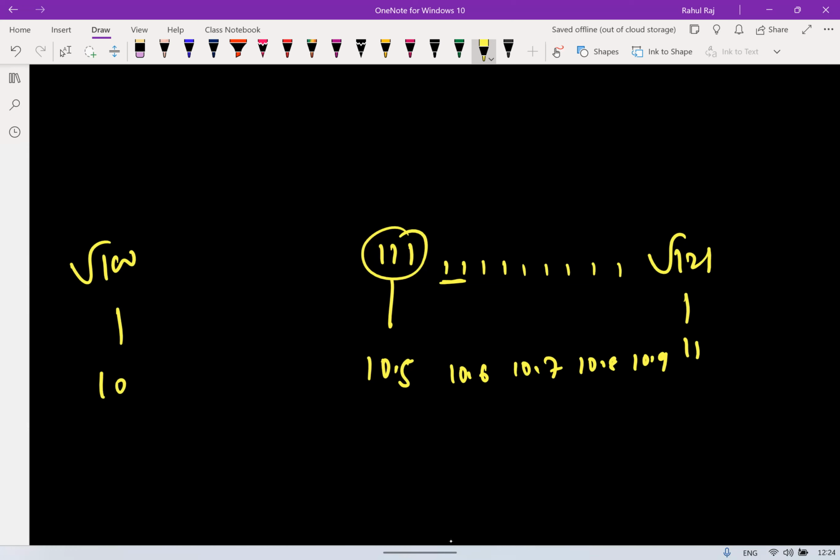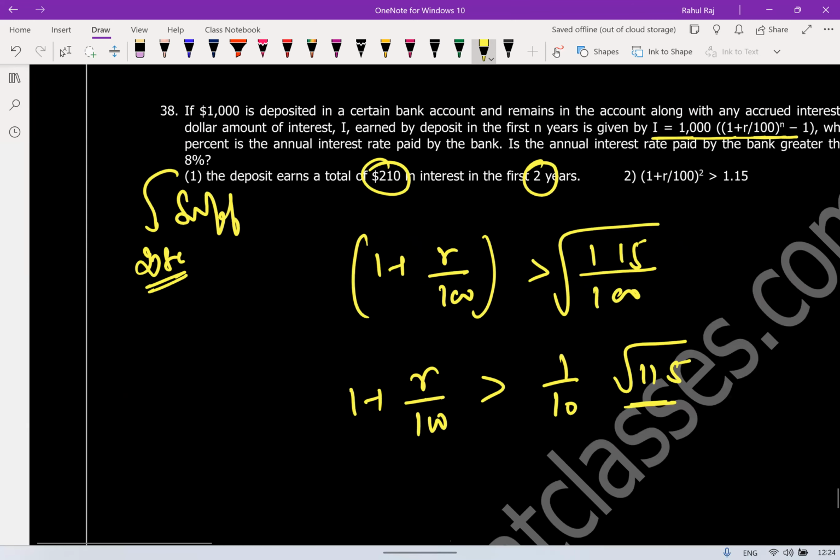So for 114, 10.7 will come. It's straightforward. So write it here, 10.7. That's it.